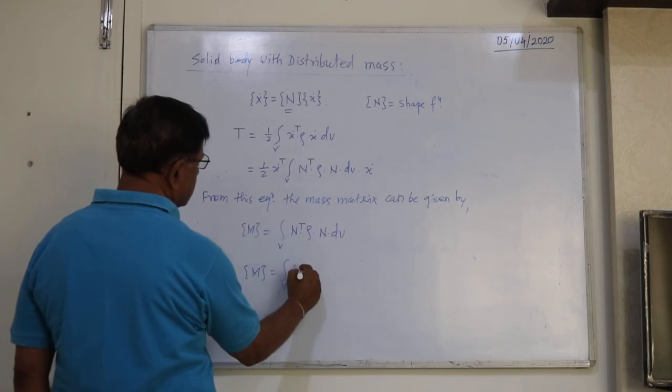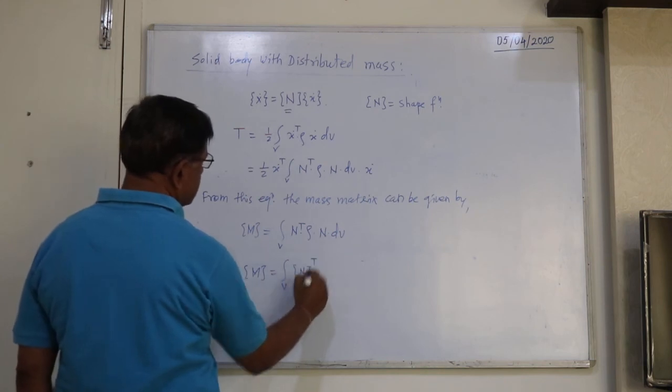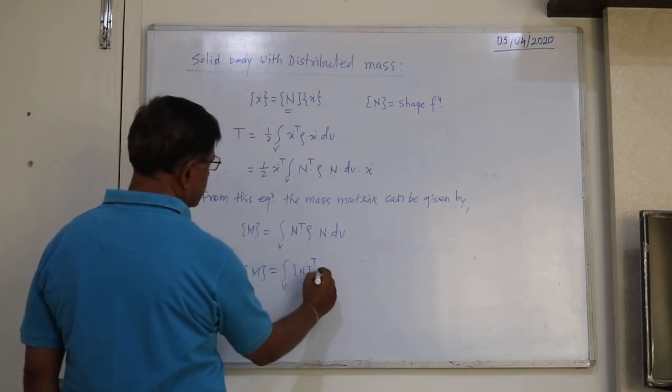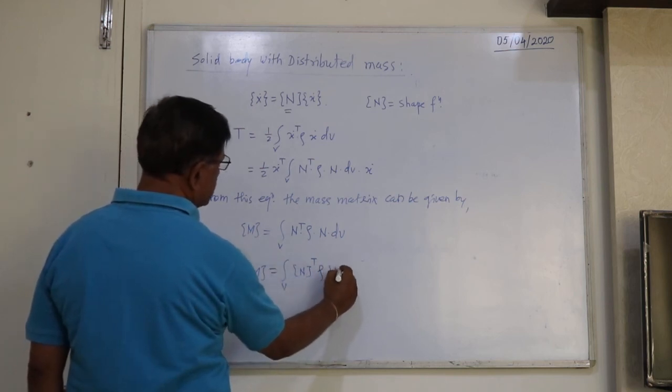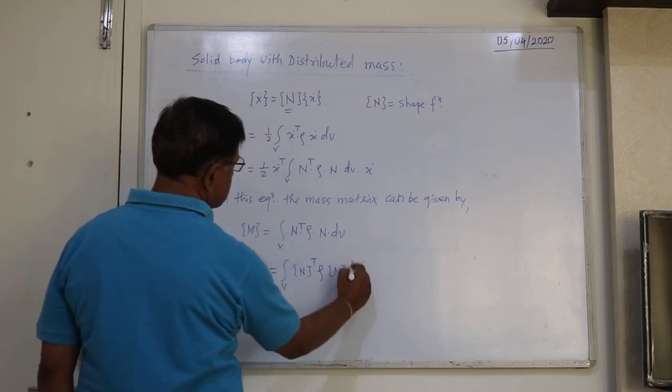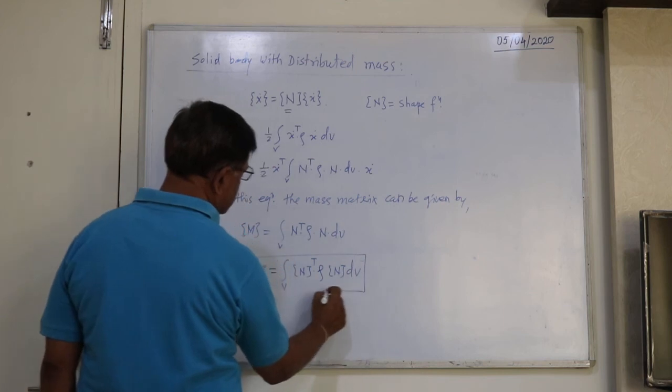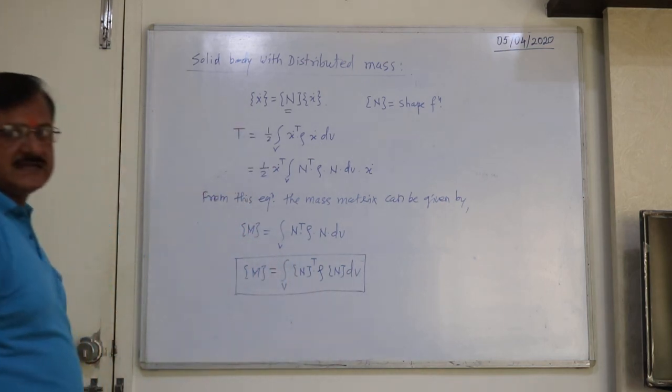So this matrix N transpose, rho we can take outside even, it's okay, rho into the N matrix dV. So using this we can find out the distributed mass matrix.